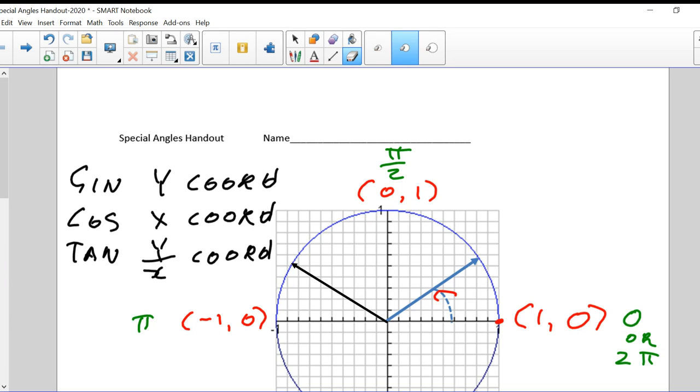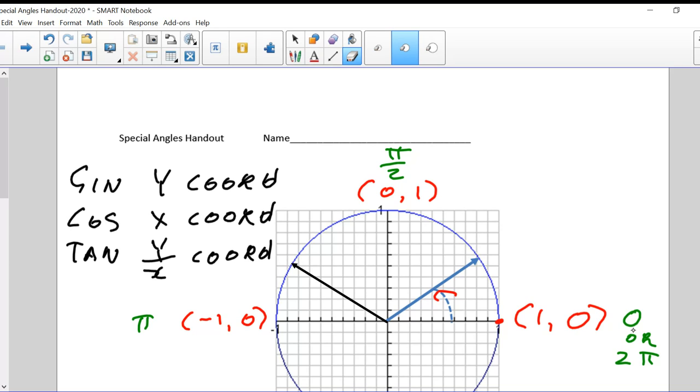If we think of it in terms of coordinates, because that's really what it is, right? Sine, cosine, and tangent are really just coordinates on a circle as you revolve through, starting off at 0 and going in a counterclockwise direction.